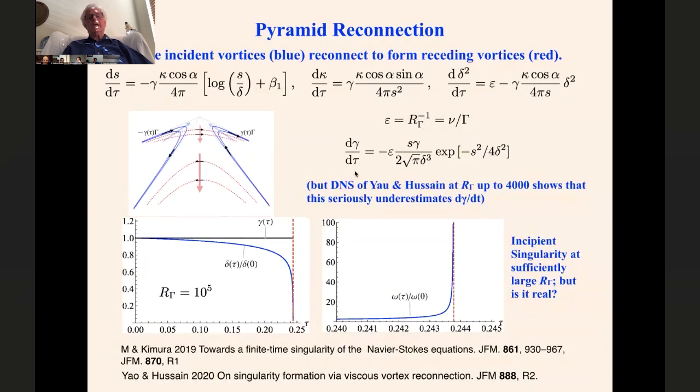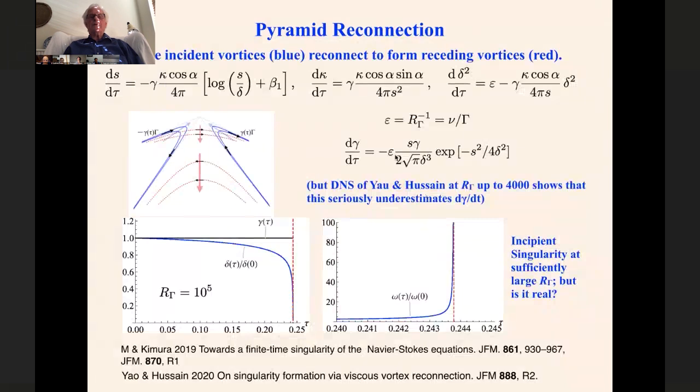Well, we have an equation for gamma that we derive, but alas, this equation seriously underestimates the rate of reconnection. And this is demonstrated by direct numerical simulation by Yao and Hussein in this paper.